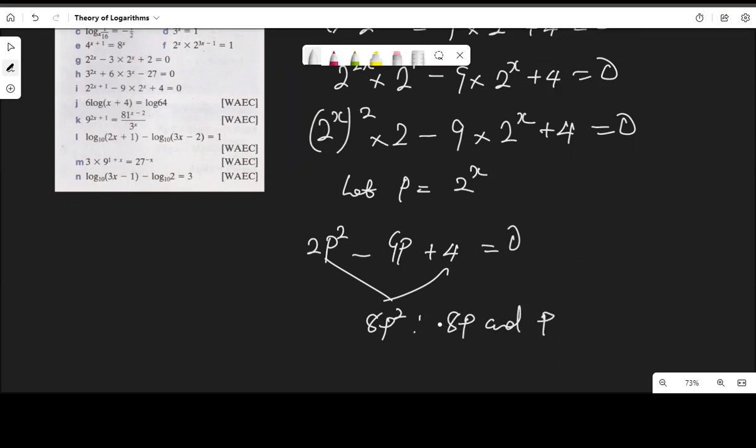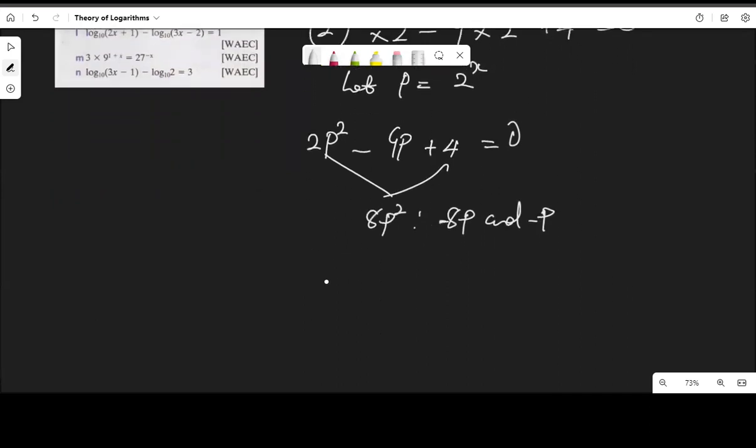So 8p and 1p, both of them have to be minus. So we're looking for minus 9. So this equation now becomes 2p squared minus 8p minus p plus 4 equal to 0.